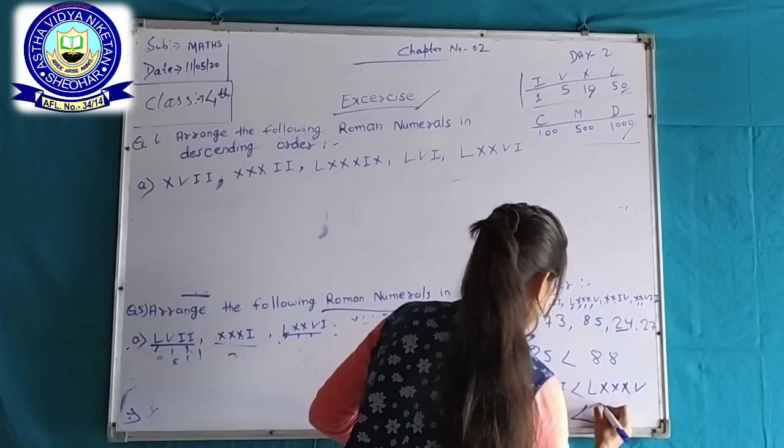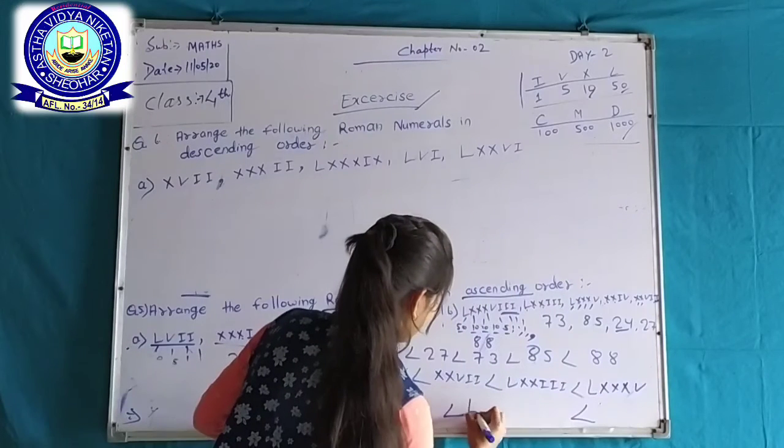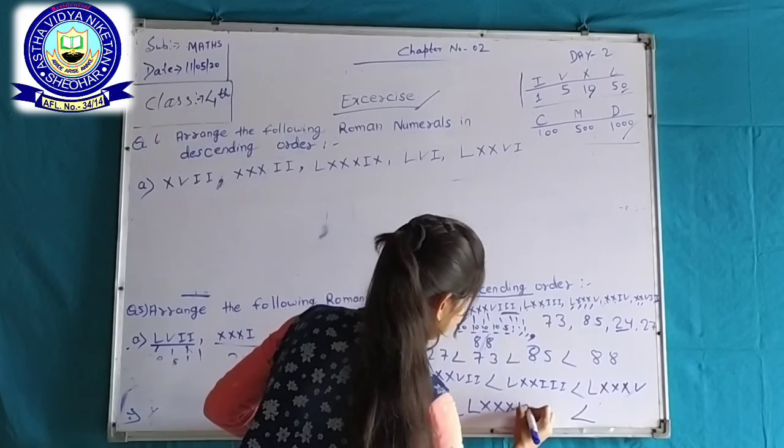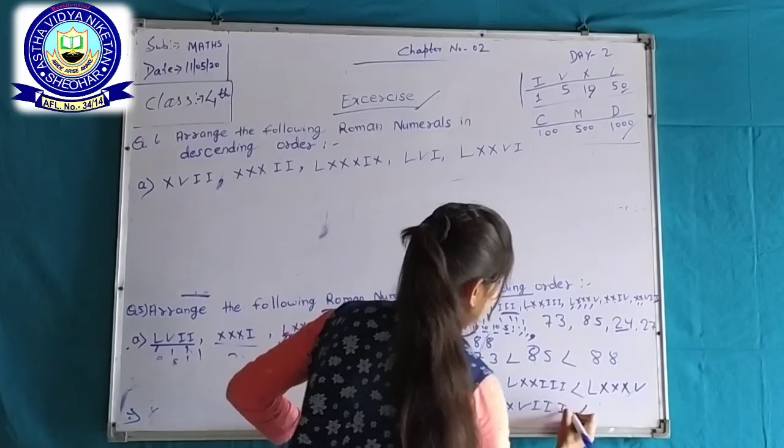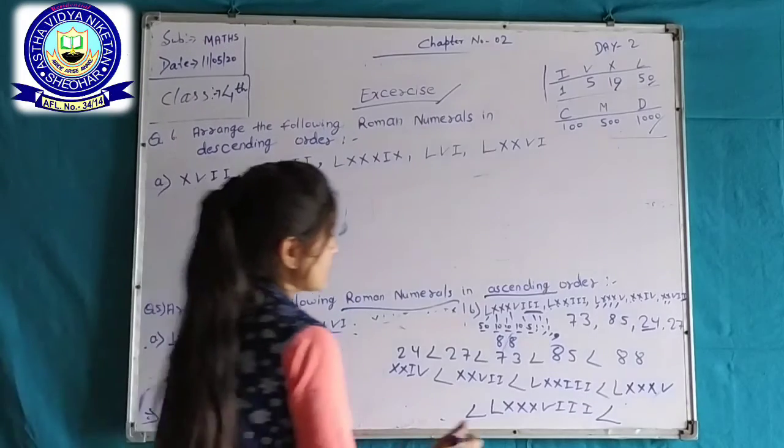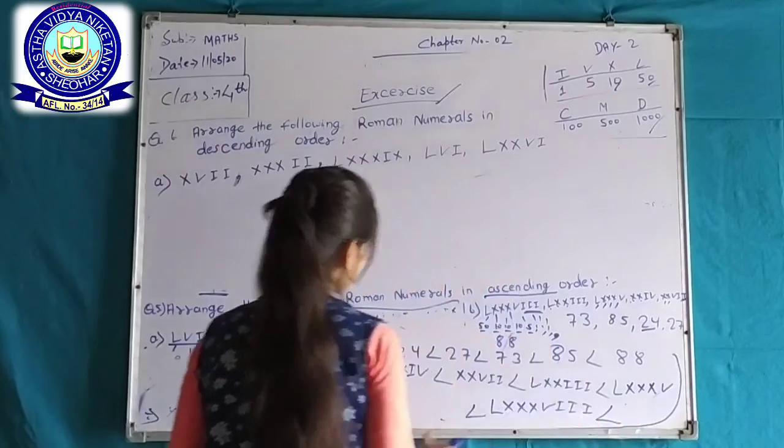The Roman numeral of 88 is L, triple X, V, and triple I. This is the process to write in ascending order.